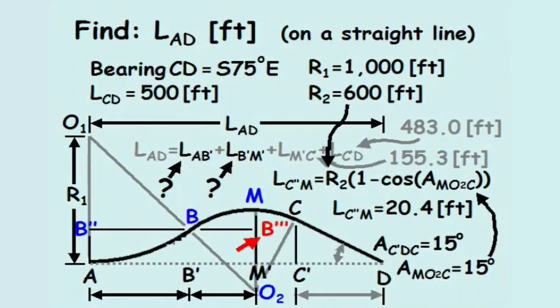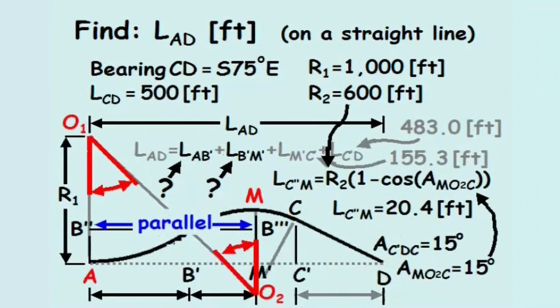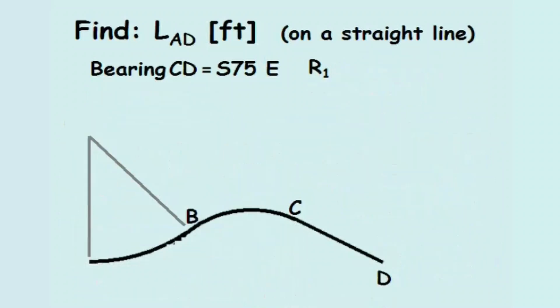Since line segment O1A and line segment O2M are parallel, both running in the north-south direction, angle AO1O2 and angle MO2O1 are equal. For simplicity, we'll label this angle angle I.